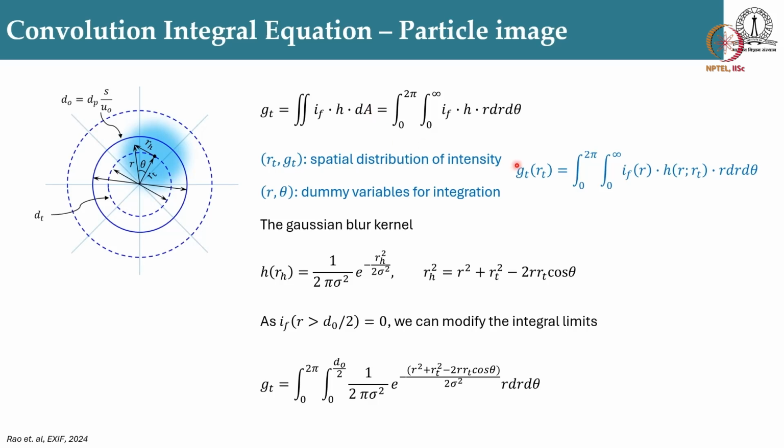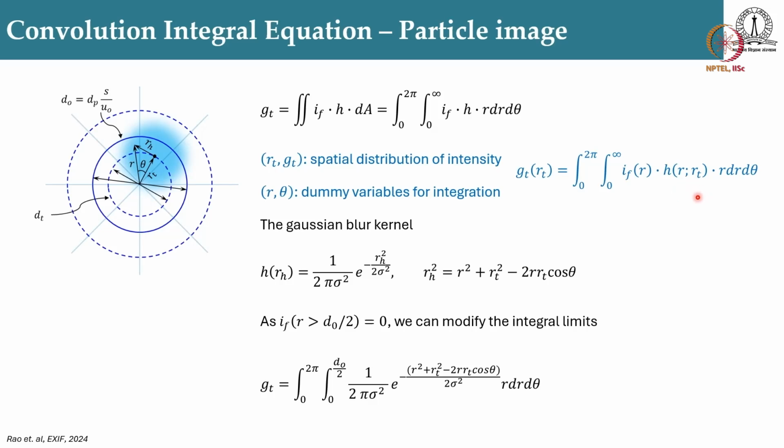And to specify what parameters depend on what, g(r_t) is only a function of r_t, or intensity is only a function of radial position r_t. The focused image is a function of r only, because in that coordinate system it is the easiest to define. And h, your blur kernel, should also be defined in r, because as I told you, we have to convert it in terms of r so that we can integrate it.